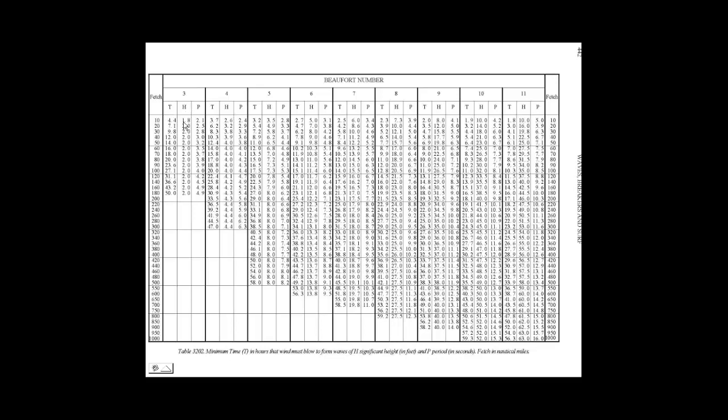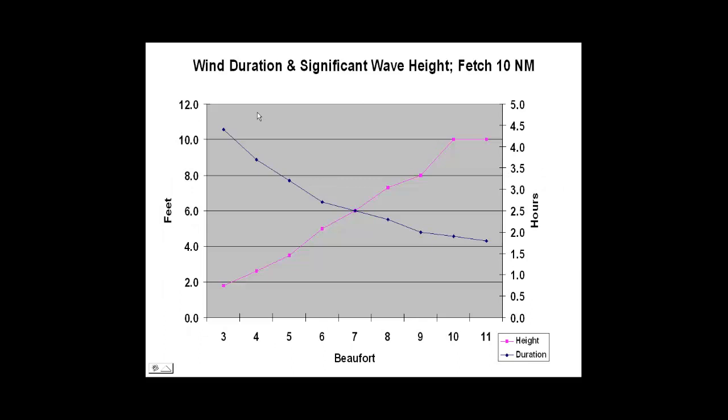Here's the height, significant wave height in feet. Here is the period in seconds. And then eventually this wave can reach maturity at a fetch of 180 miles. Okay. Now I'm going to take this data and show you some curves that I extracted from it.